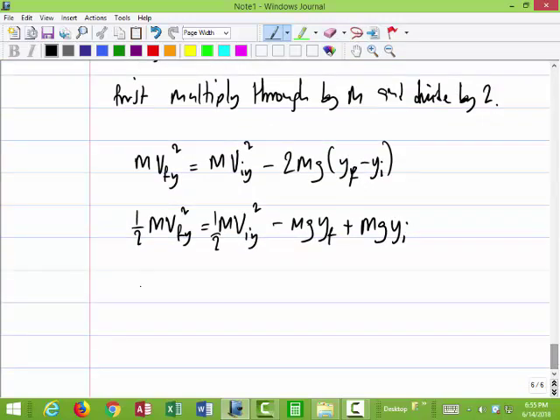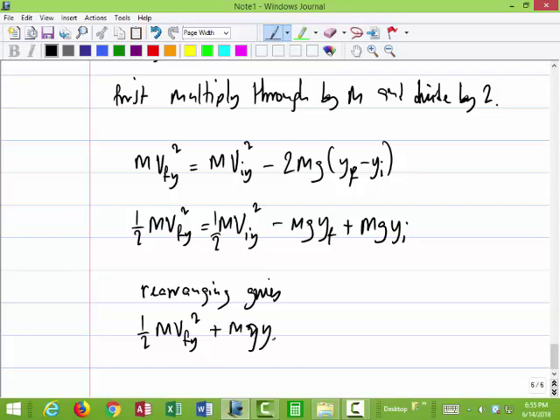And then rearranging gives half m v final y squared plus mg y final to be equal to half m v initial y squared plus mg y initial. As you can see, this is the same as what we had above.